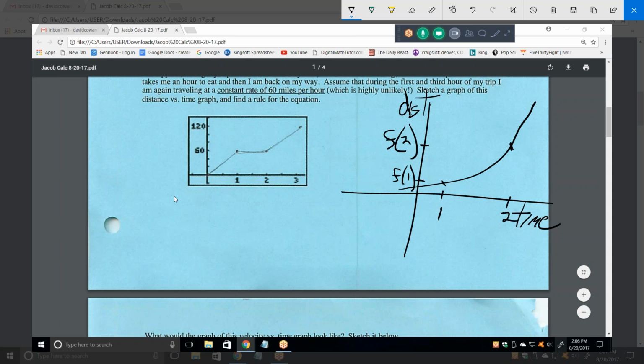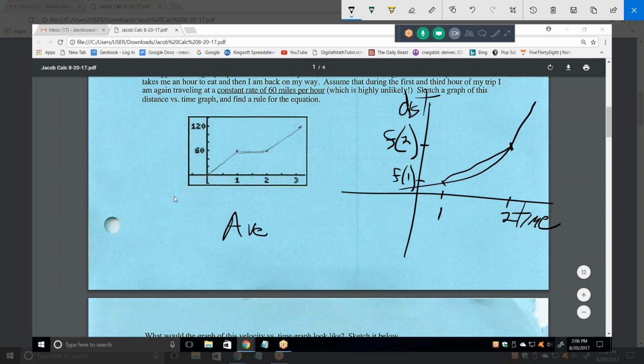Calculus is all about manipulating functions. Just like arithmetic manipulates numbers, and algebra manipulates variables that represent numbers. Calculus is all about manipulating functions. So you need to think of it in terms of a function without knowing what the function is. Now, if I said, what was your average velocity in between hours 1 and 2, what would it be?